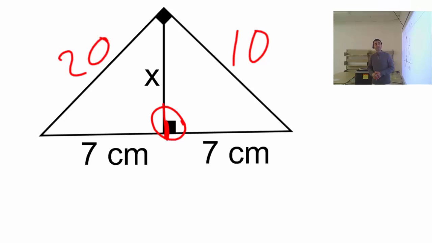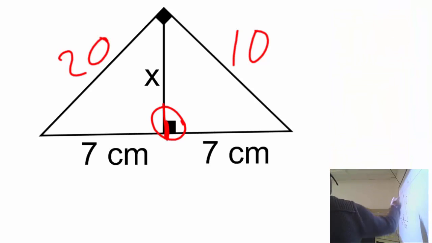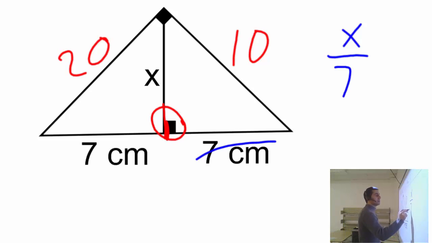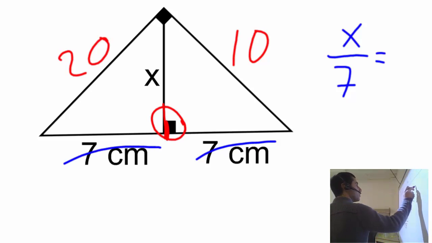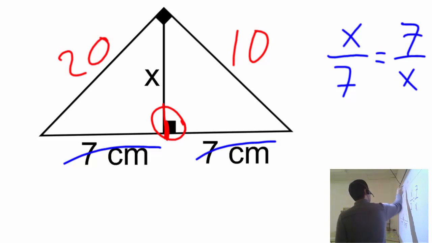But remember what we need to do here. I need you to start with the x divided by any of the numbers. Actually, they are the same. So let's pick this one. 7 equals, now let's pick the other number. Don't write down the x on top once again. It's going to go to the bottom, divided by x. Do the cross multiplication.